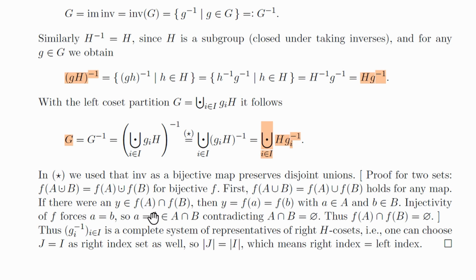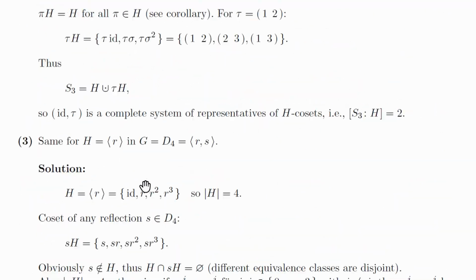So a equal to b would lie in the intersection of A with B, because a lies in A, and if it's equal to b, it also lies in B. But by assumption, this was a disjoint union. And this shows that the intersection of f of A and f of B is again empty, hence proving what we need here.